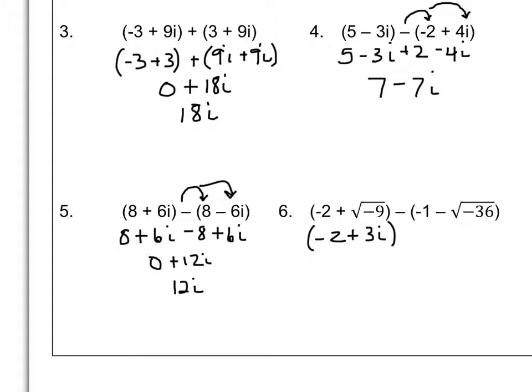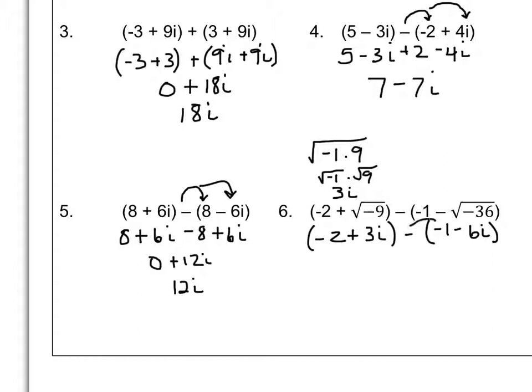Again, square root of negative 9 is the square root of negative 1 times 9, which is the square root of negative 1 times square root of 9. Square root of 9 is 3. Square root of negative 1 is i. Okay? Minus negative 1 minus, in this case, the square root of negative 36 is 6i.